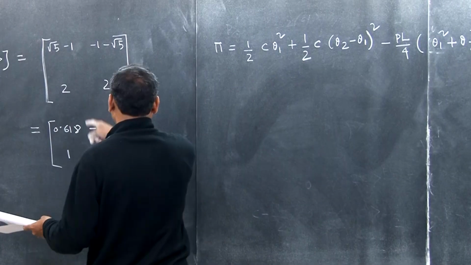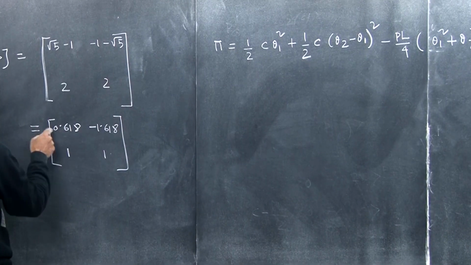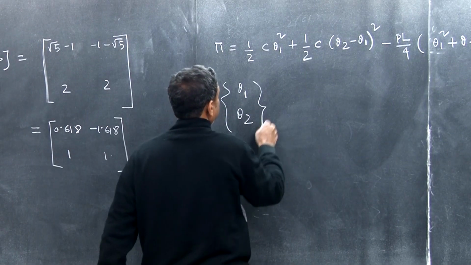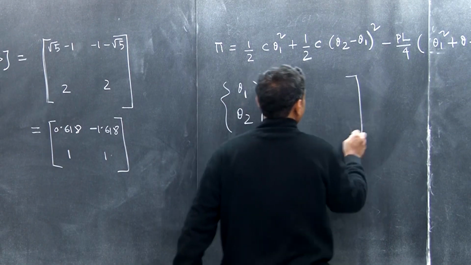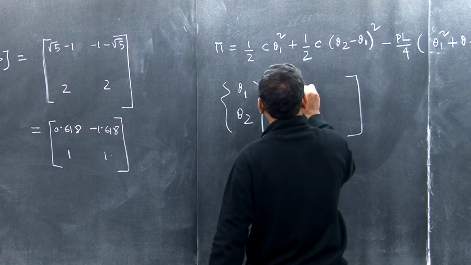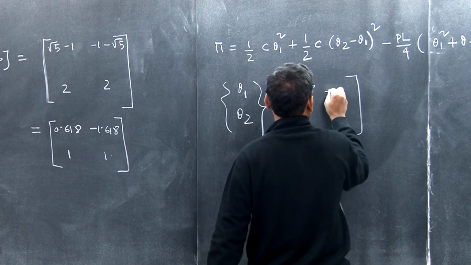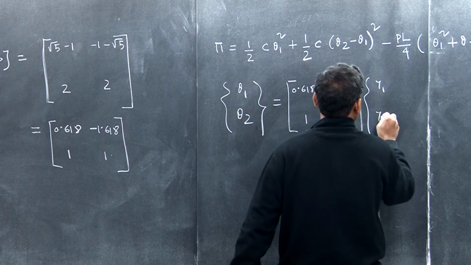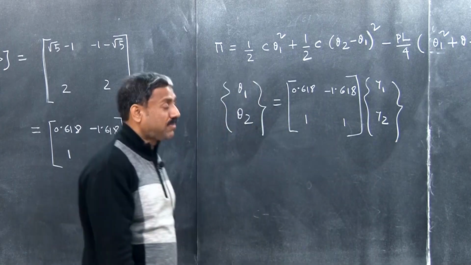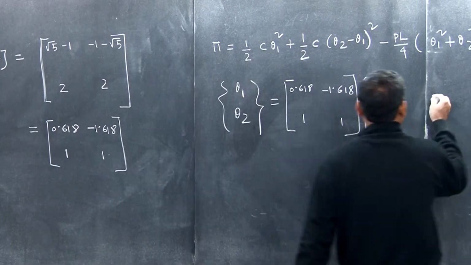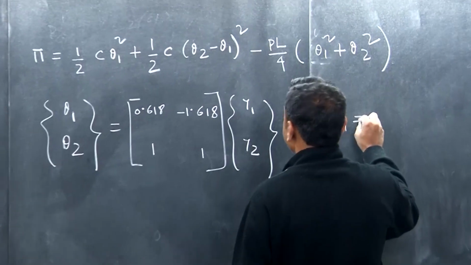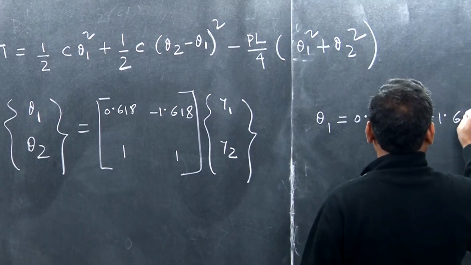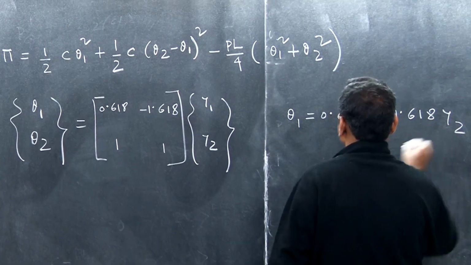Now, what I am saying is that you can convert theta 1, theta 2 using this modal matrix phi, with y1, y2 as the new coordinates. So theta 1 becomes 0.618 y1 minus 1.618 y2, and theta 2 becomes y1 plus y2.